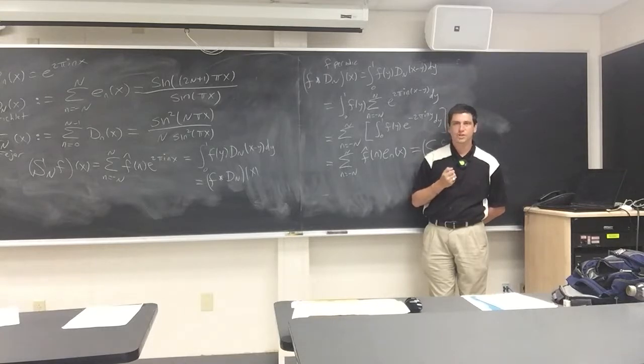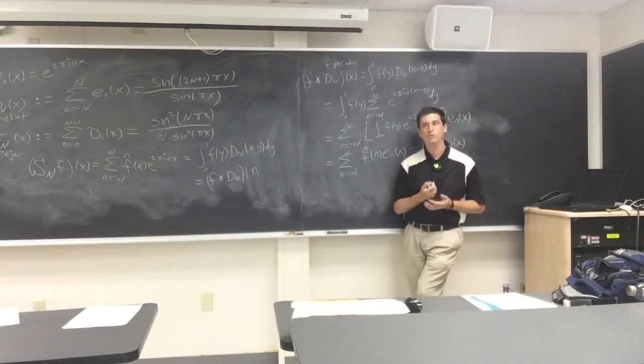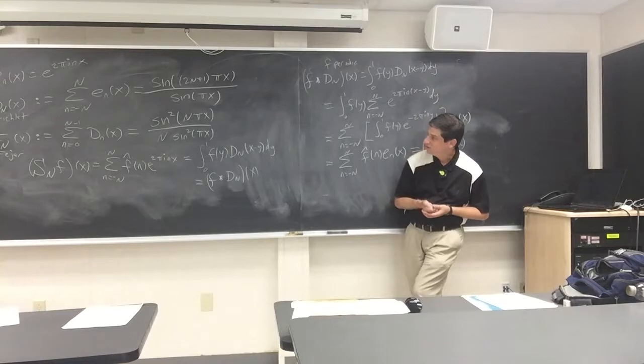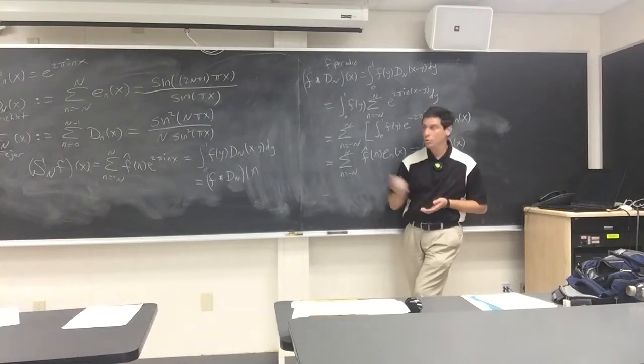Now the question is, just because I want to convolve with it doesn't mean I can necessarily convolve with it well. What is this function D_N? Well, fortunately, we have an explicit formula for D_N. We have an explicit formula for F_N.